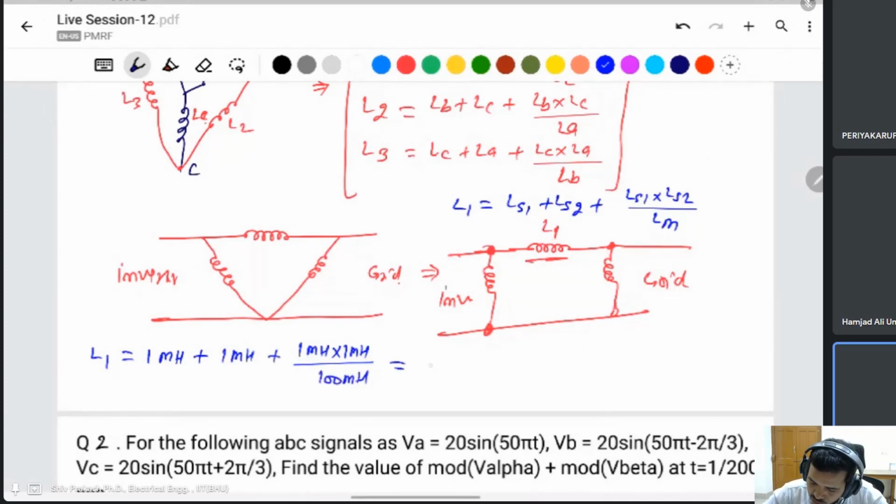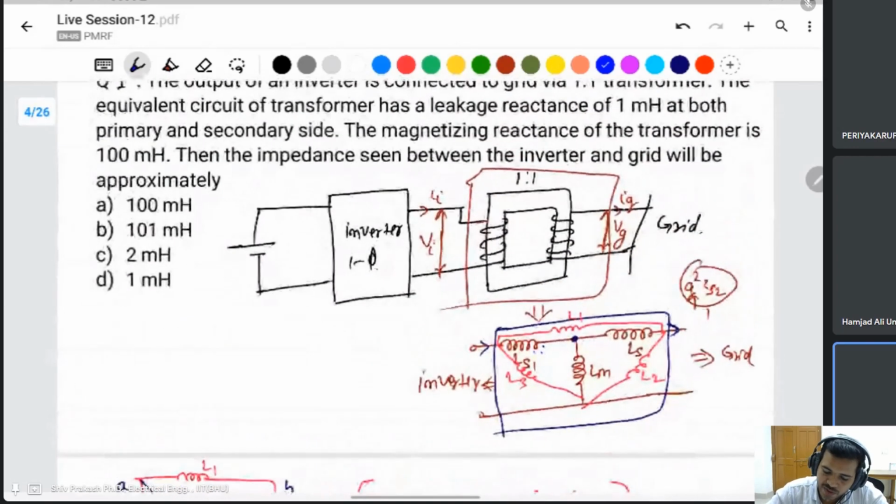That is 2 millihenry plus 0.01 millihenry, totally 2.01 millihenry. Or you can say this is approximately 2 millihenry.